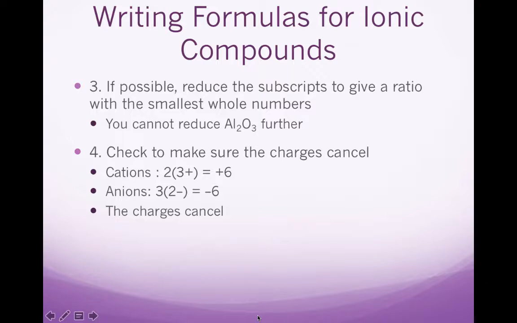The third step is, if possible, reduce the subscripts to give a ratio with the smallest whole numbers. We can't reduce Al2O3 further. And then 4, check to make sure the charges cancel, because remember we want to have a neutral formula unit. So here, for the cations, we have 2 times +3, so that's +6. For our anions, we have 3 times -2, which is -6, so the charges cancel, so we're good.